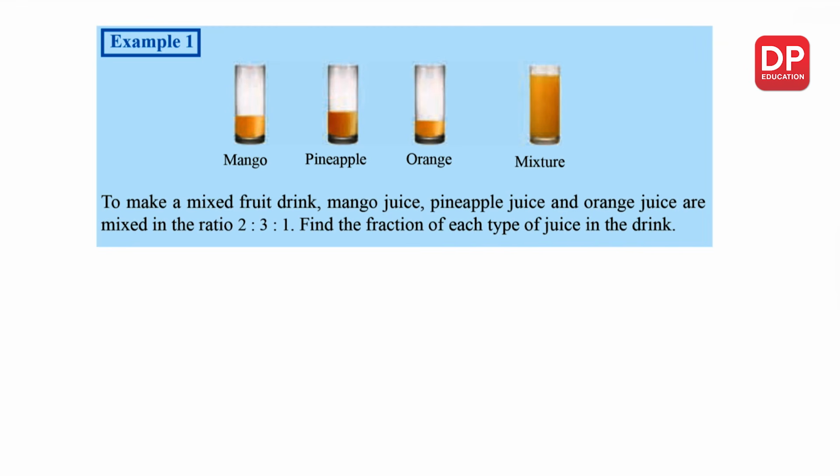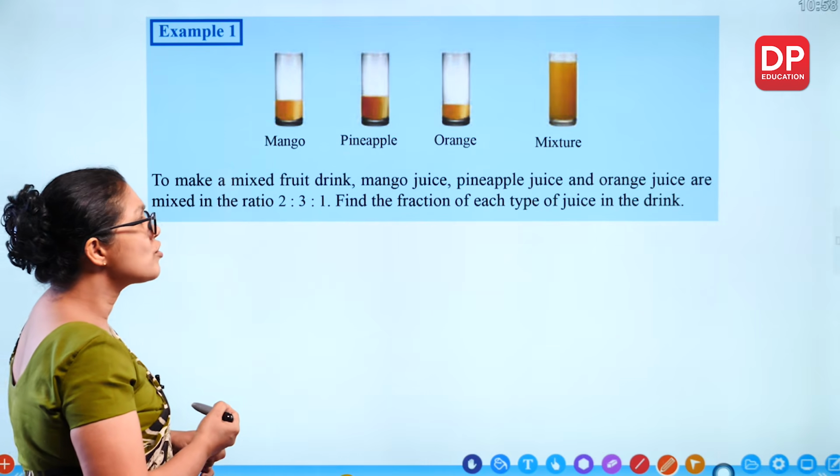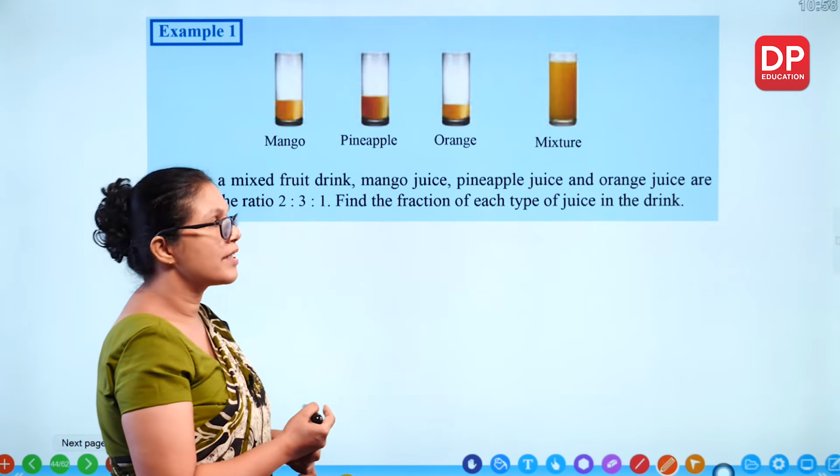Example 1. To make a mixed fruit drink, mango juice, pineapple juice and orange juice are mixed in the ratio 2 to 3 to 1. Find the fraction of each type of juice in the drink.